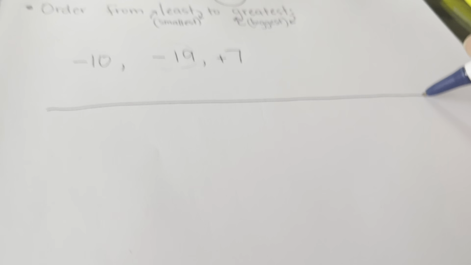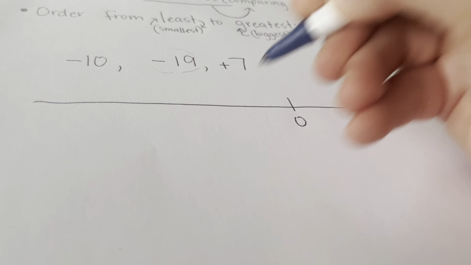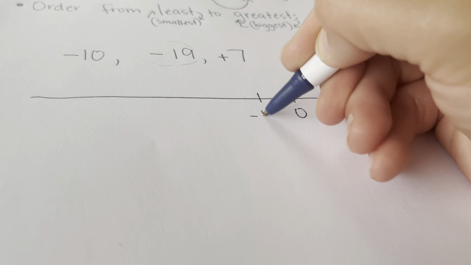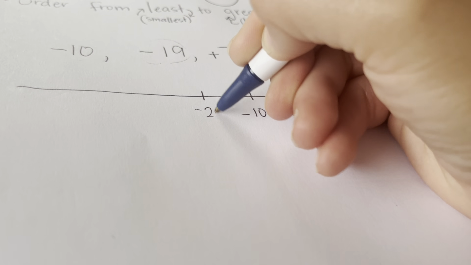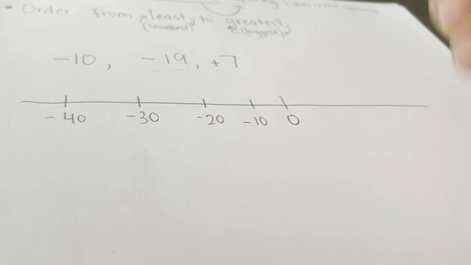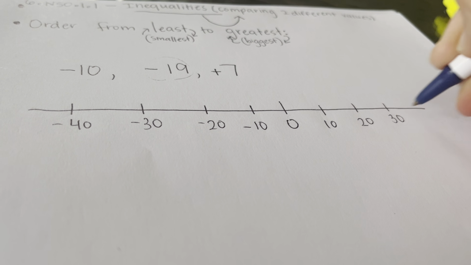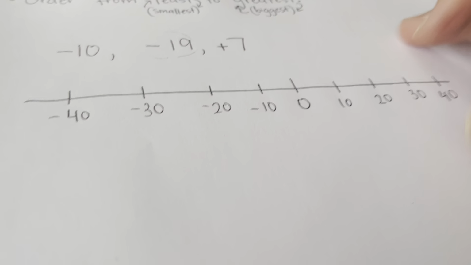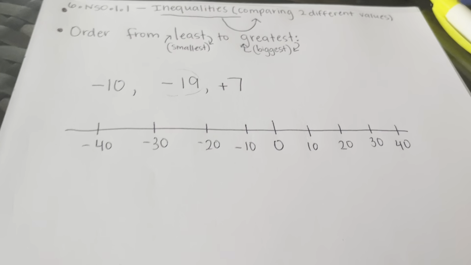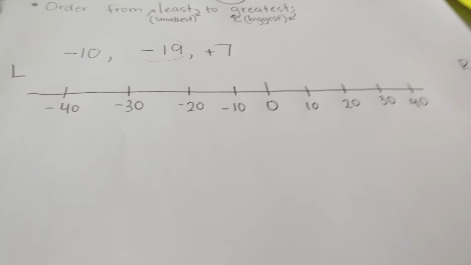If you are somebody that can't see it, you might have to draw out a number line for yourself. So you might have to put 0 in the middle and just try by tens. -10, -20, -30, -40. This would be +10, +20, +30, +40. So it might be easier for you to draw yourself a number line each time so that you can kind of see the left is still over here, the right is still over here.